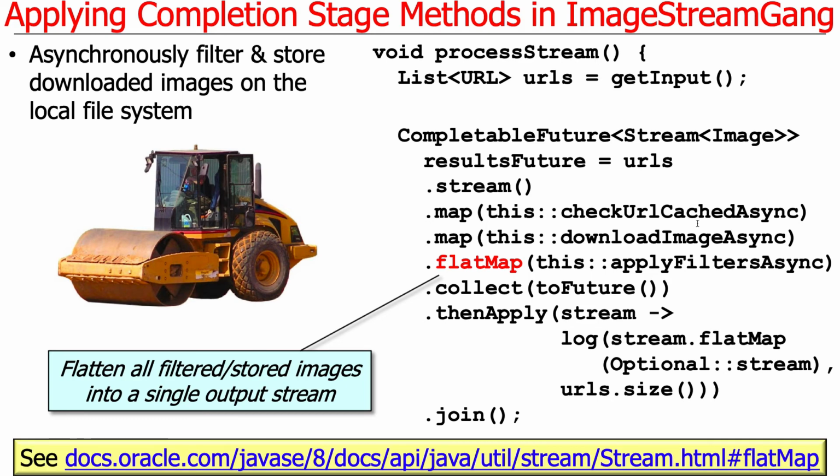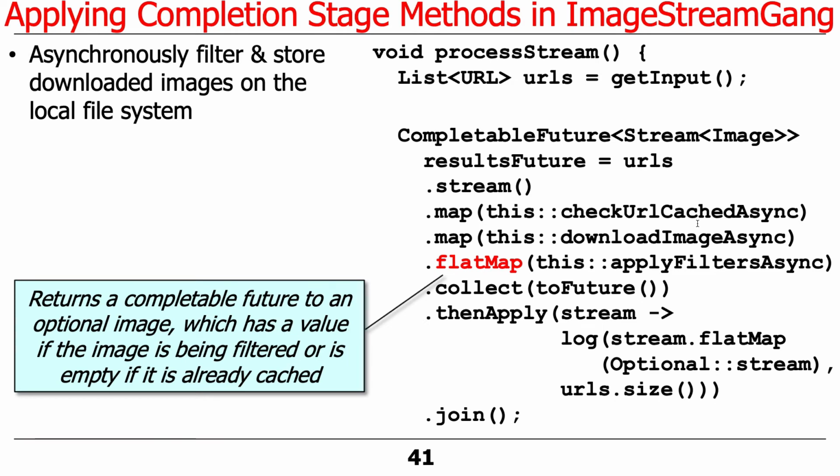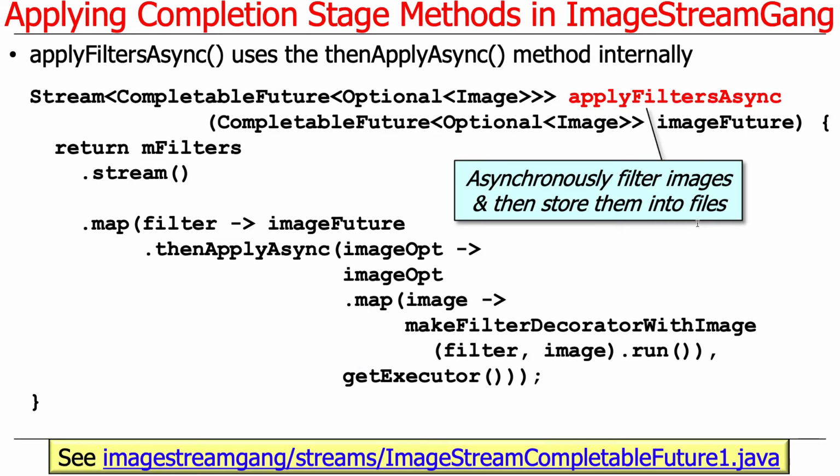So let's go ahead and take a look. Flat map returns a stream of completable futures to optional images, and these will be present if things have actually been filtered and stored. Here is applyFiltersAsync. This is a more interesting and complex implementation. It's very cool.